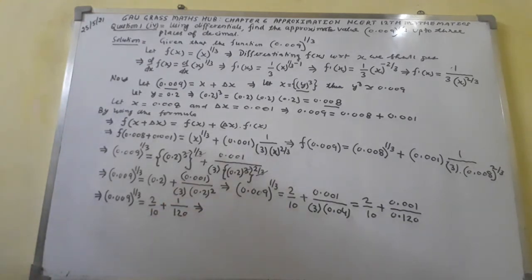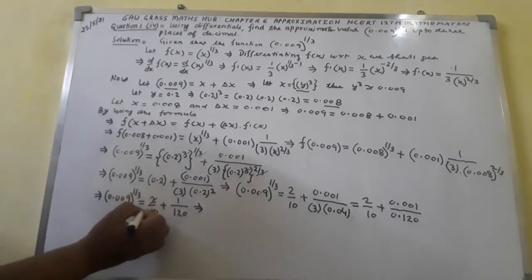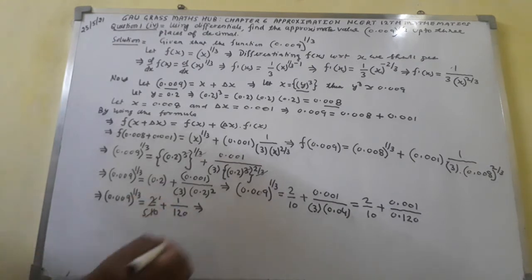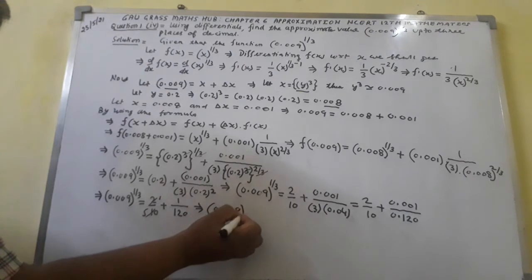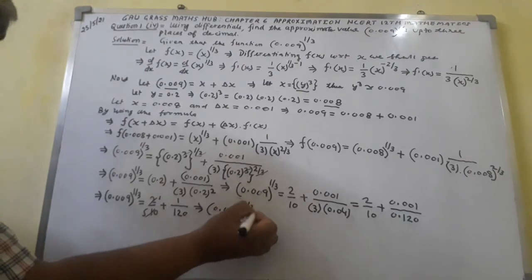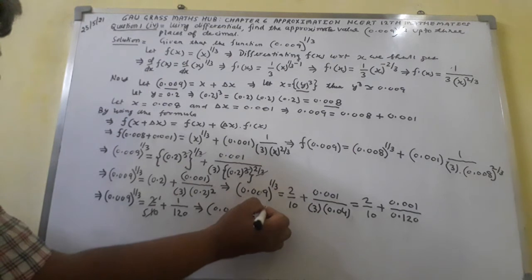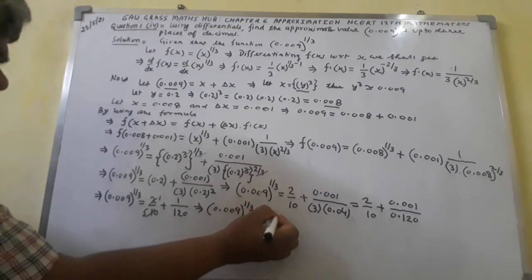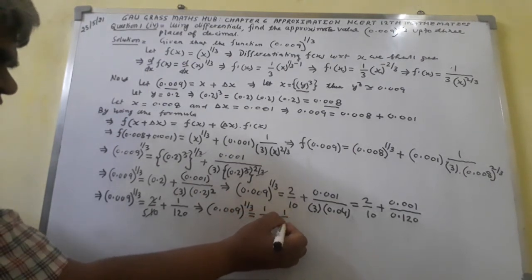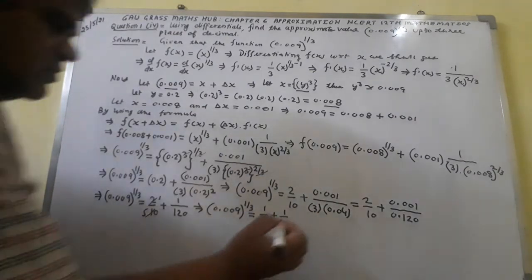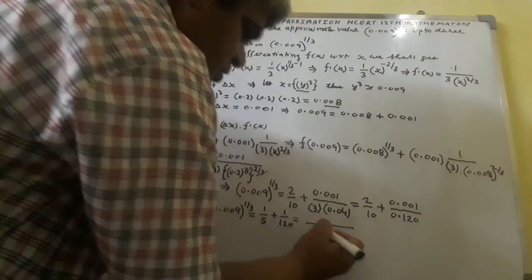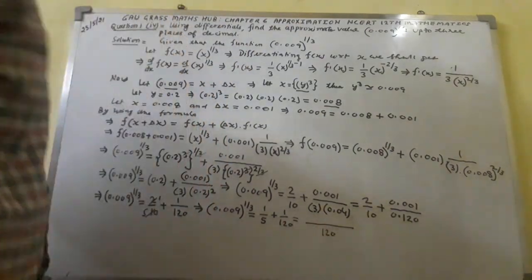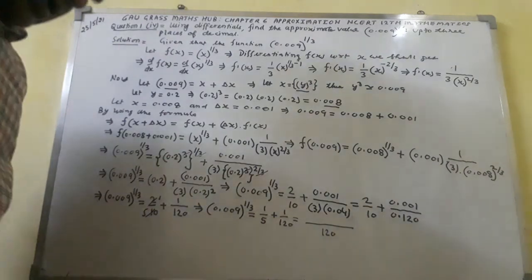Now what to do next? Next I shall write, this one cancels out, you will get here 5, 1 over 5 I can write. So here write 0.009 raised to power 1 over 3 is equal to 1 over 5 plus 1/120. You will get here, take LCM 120. LCM will be 120.